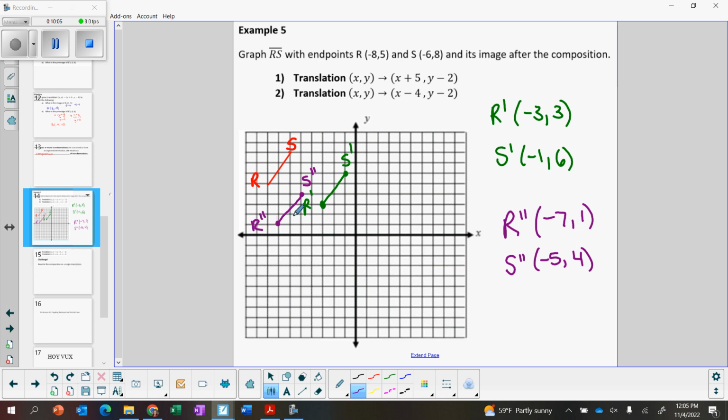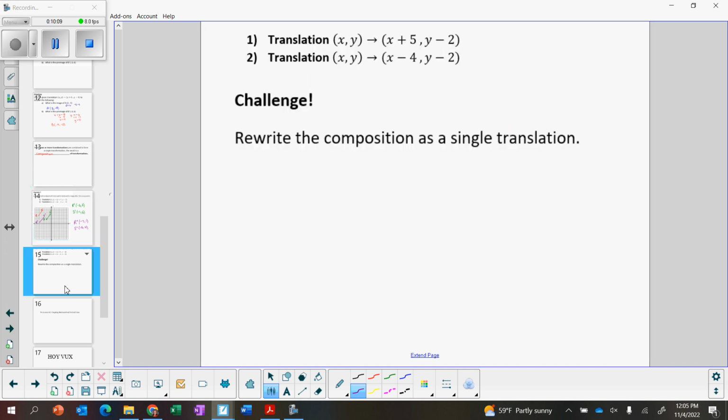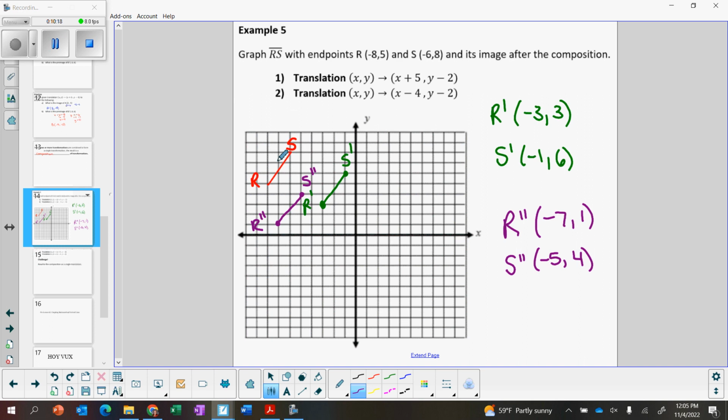The next problem is asking, what would the composition have been as a single translation? So how could I have gotten from RS to R double prime S double prime if I only wanted to move once?